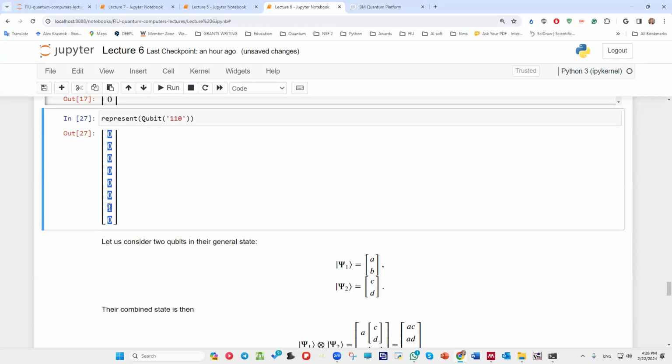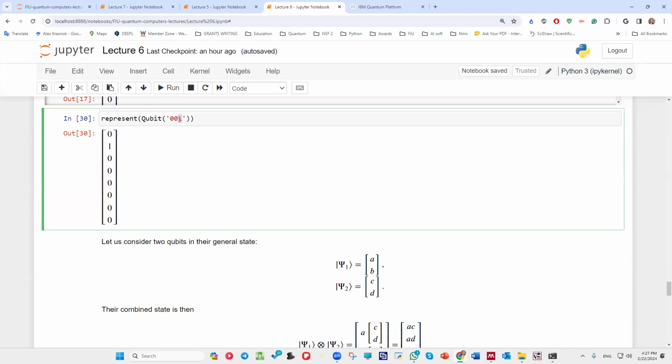And the position of this unit is given by this binary string in the decimal form. So for example, the position 1 is given by 000. The state 2 is given by 001, so this unit is located at position 2.